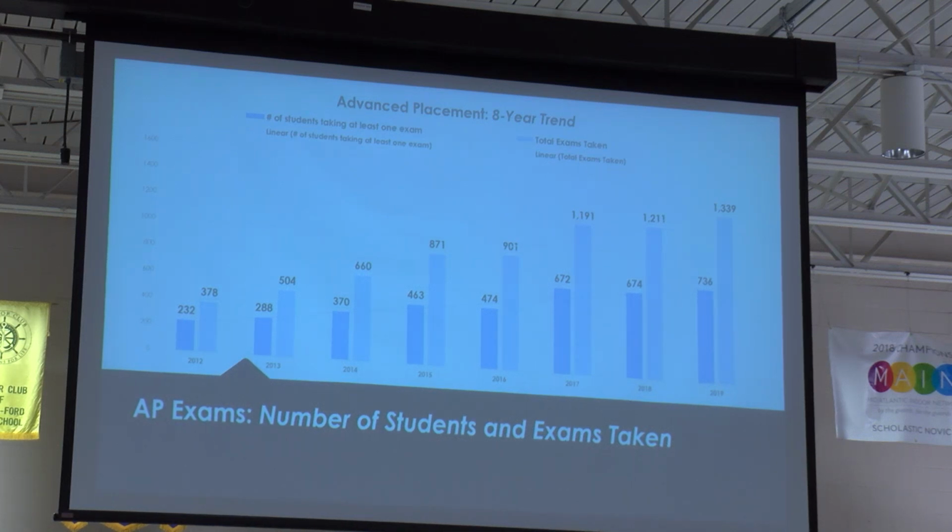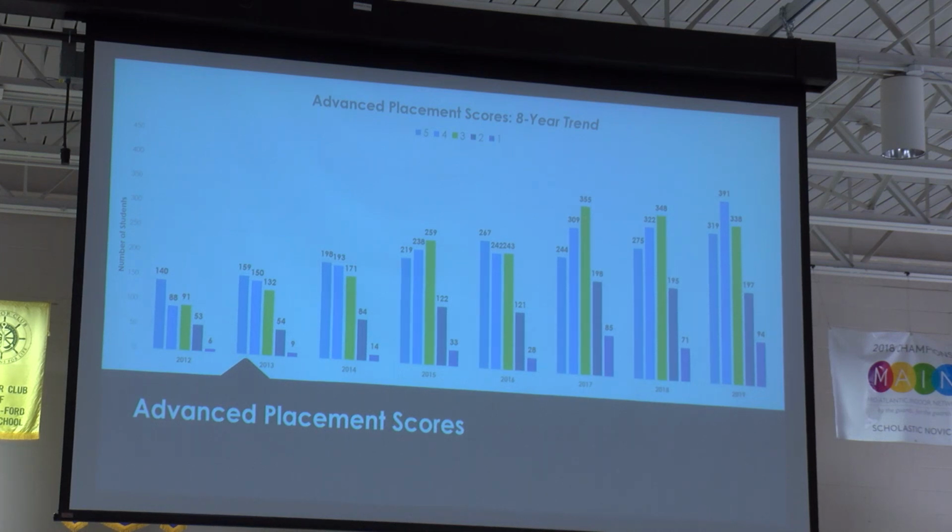But the more important part, I think, are the scores. If you look at our advanced placement scores for last year, you can see the 5 is the 319, and then you have the 391, so you go 5, 4, 3, 2, 1. So our highest number of test takers results was a 4.